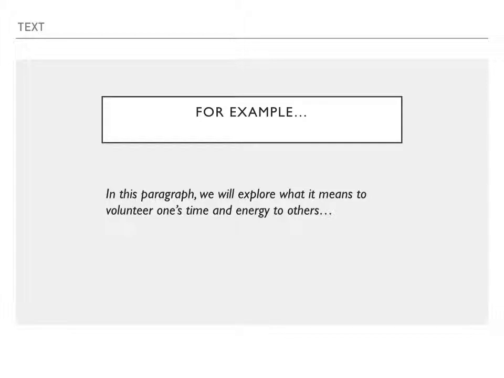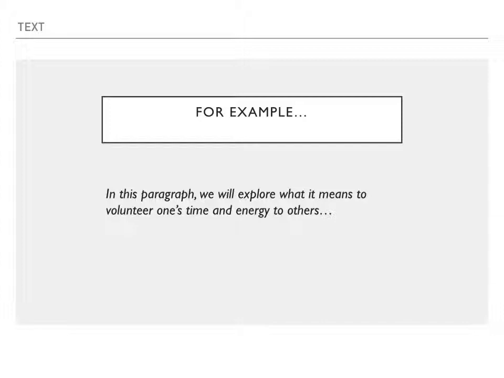So for example, let's imagine that I'm writing a paper on why volunteering or serving in the church is very important today. So I might begin one of my paragraphs talking about what I mean by volunteering. What does that word mean? So I might devote a whole paragraph to really describing that.